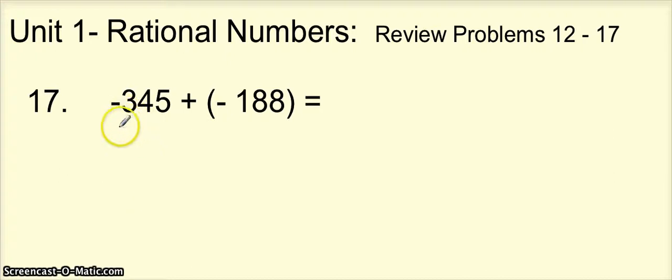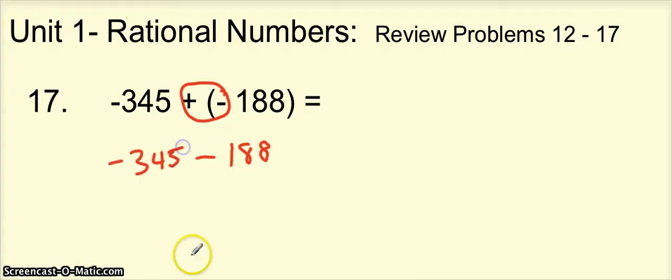In this next problem, we have negative 345 plus negative 188. 345 has exactly one sign in front of it. However, 188 has two signs in front of it, and we want to take this down to just one sign. So positive times negative gives you negative. So this becomes negative 188, or minus 188. Bring down the first term. And now we can go ahead and stack them, putting the number with the higher absolute value on the top, lower absolute value on the bottom.